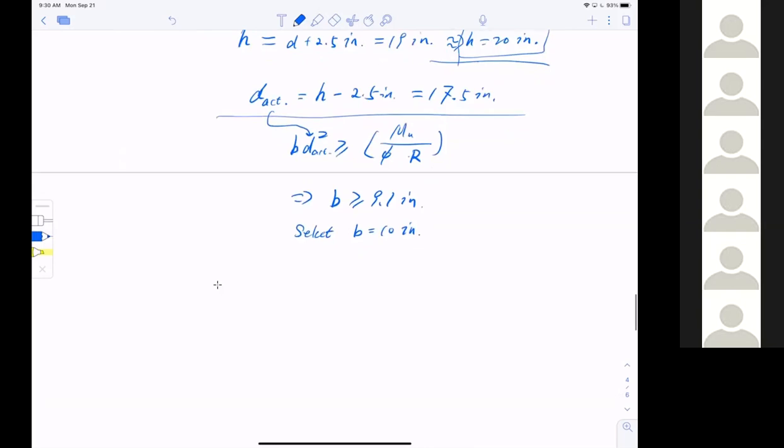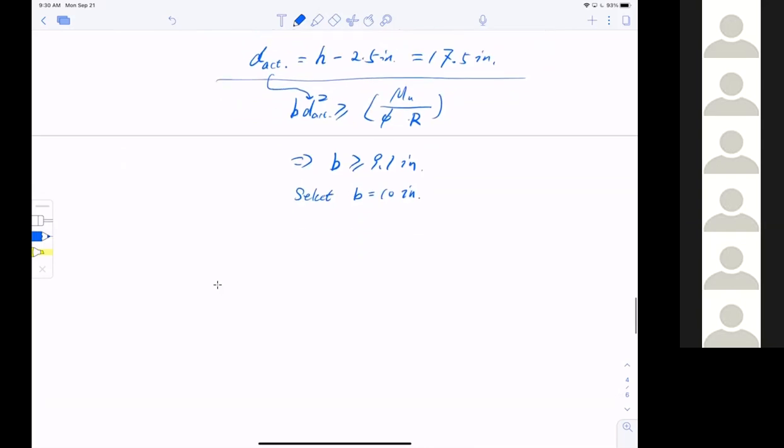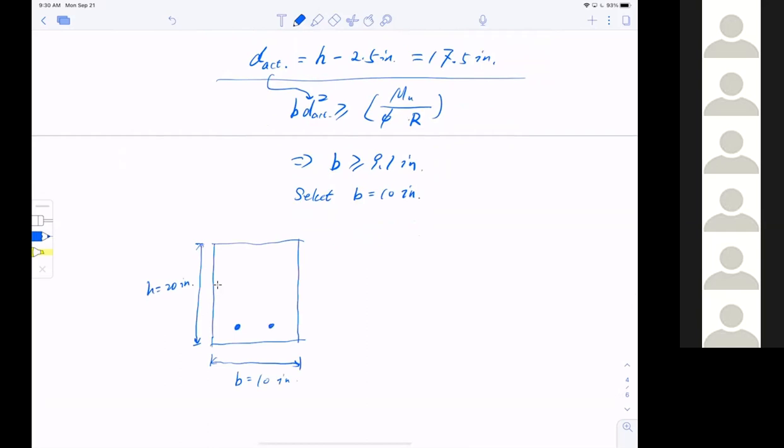And with that, I have a section. I now have a section designed. So geometry right now, B equal to 10 inch, height equal to 20 inch. And that is my section. And I still don't know what my reinforcement area is. But I know it's going to be 2.5 inch away from the bottom of the concrete.